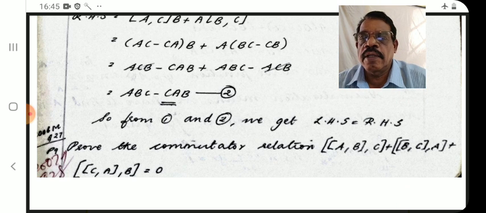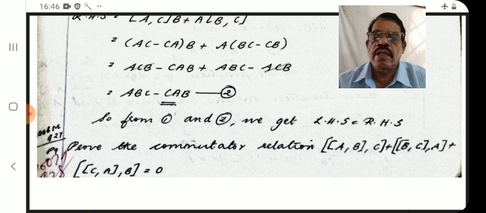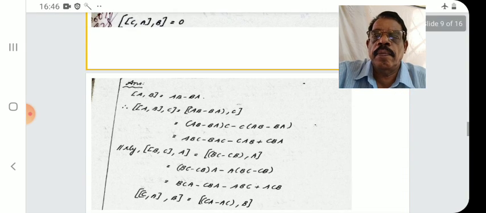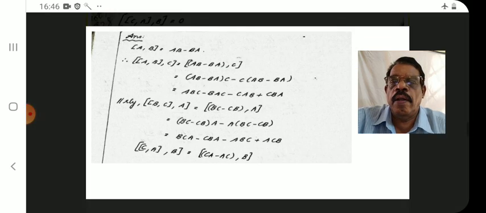You see it once again. Prove the commutator relation [[A, B], C] plus [[B, C], A] plus [[C, A], B] equal to 0. The proof is very simple.